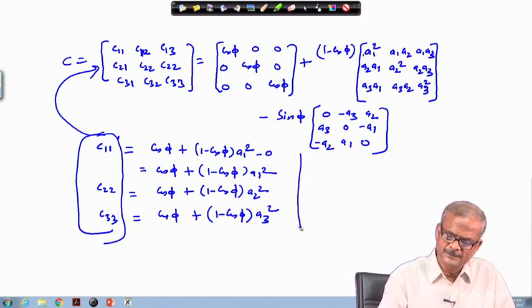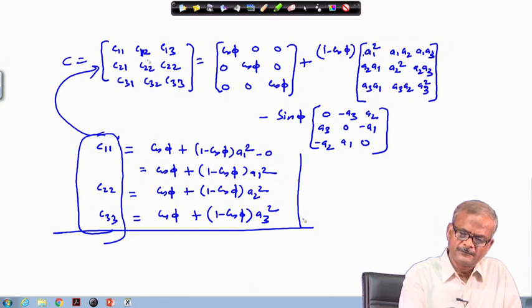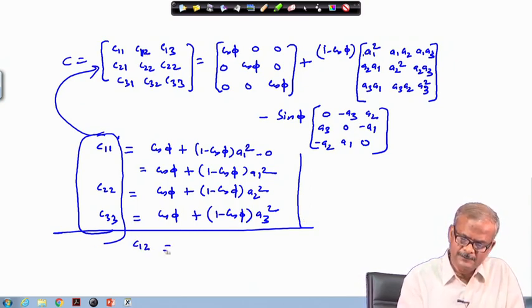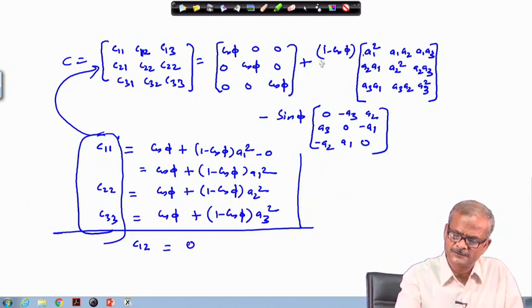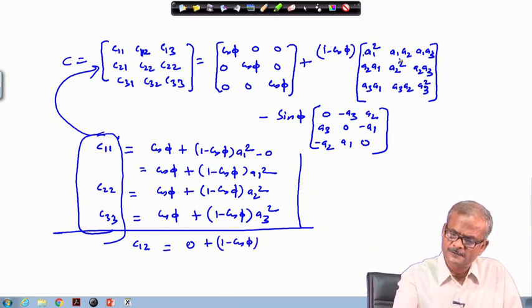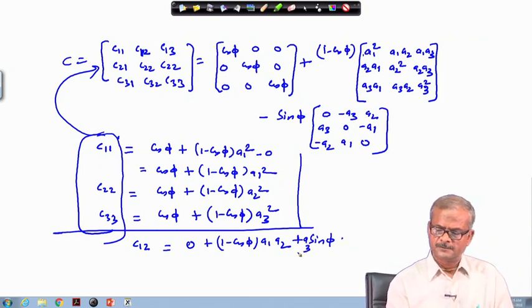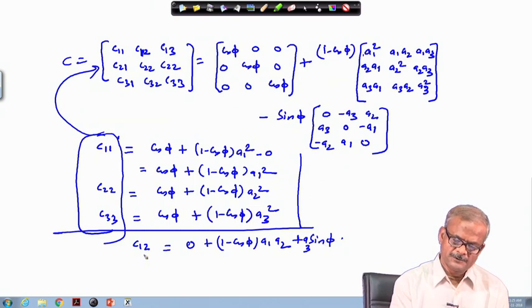So, go in the same way and find out the terms corresponding to, let us say, C 12. Here, this first term is 0. So, this is 0 plus 1 minus cos phi times A 1 A 2, and here this term is plus sin phi times A 3. So, this is your C 12.